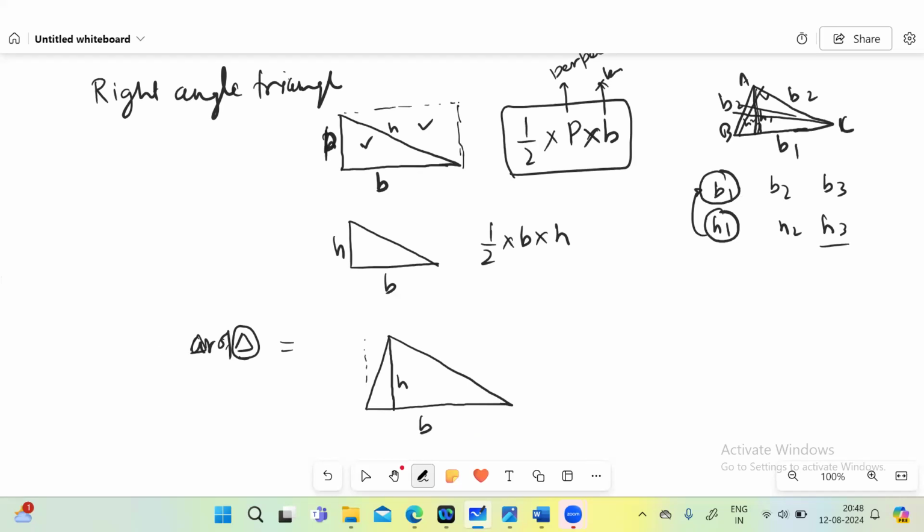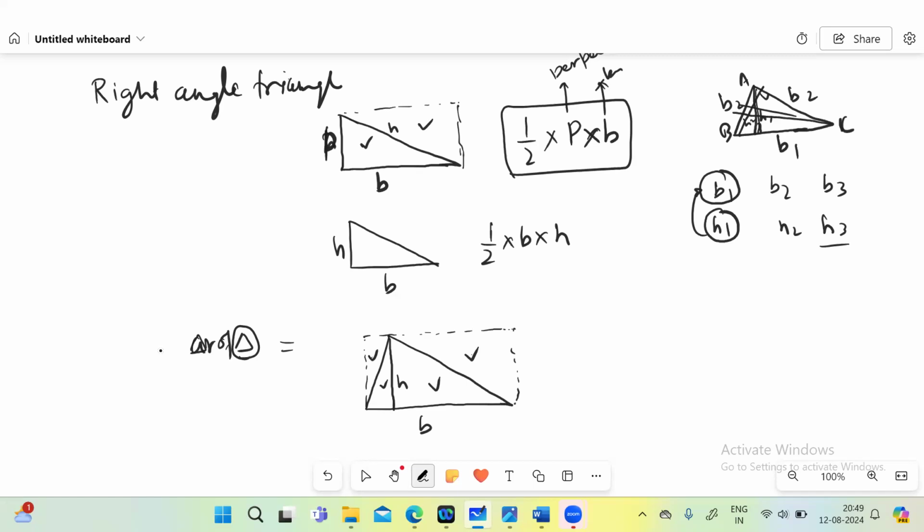We will again make a rectangle by completing the figure like this. And what we see here is this triangle is equal to this, and this triangle is equal to this. In this complete rectangle, which I have completed with a dotted line, there are two parts, one which lies inside the triangle, one which lies outside the triangle, and the area of both will be the same.